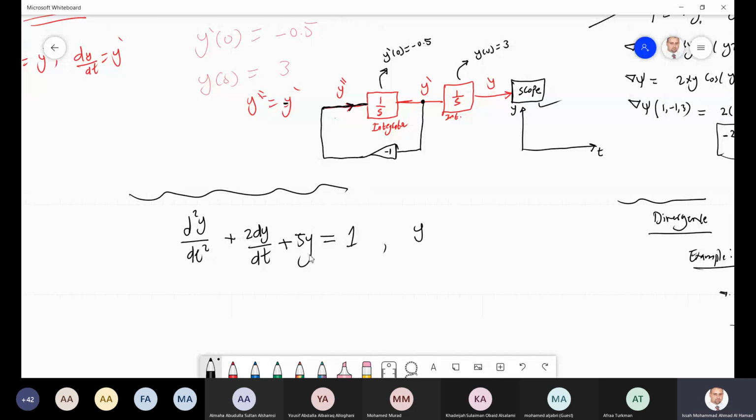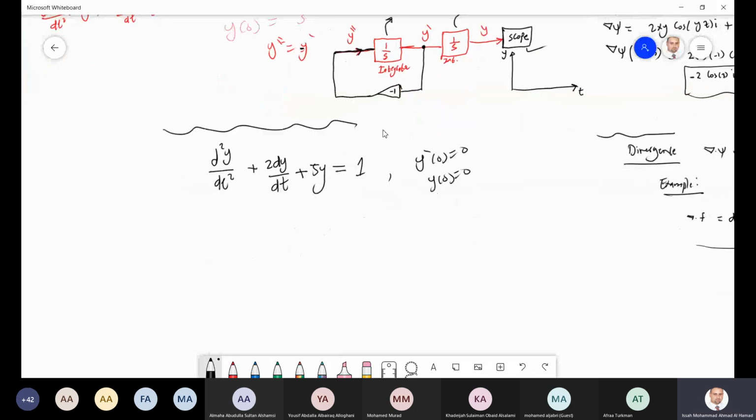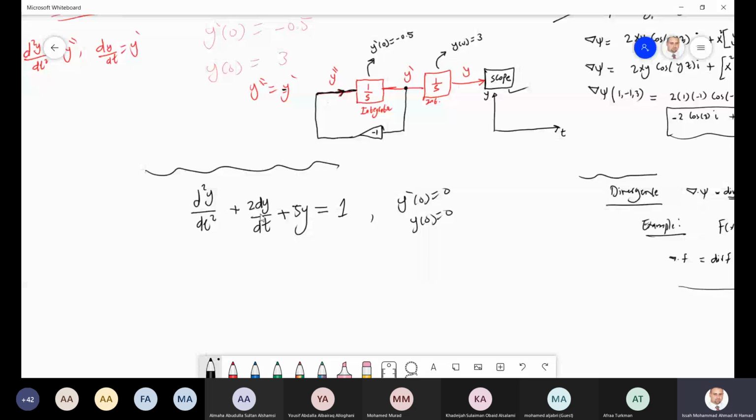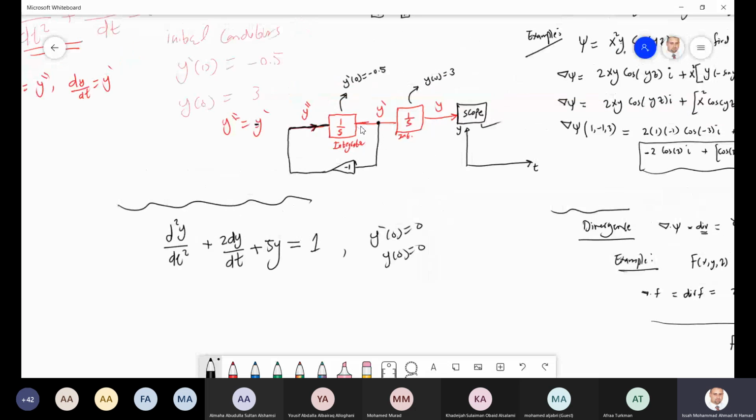And you have y prime of 0 equals 0, يعني these are initial conditions. Y of 0 equals 0.